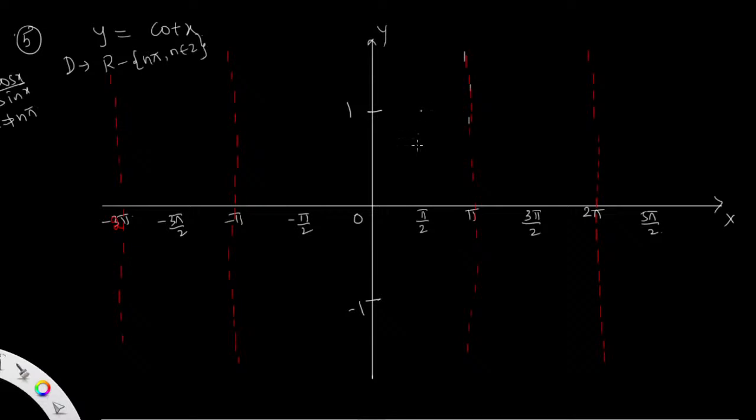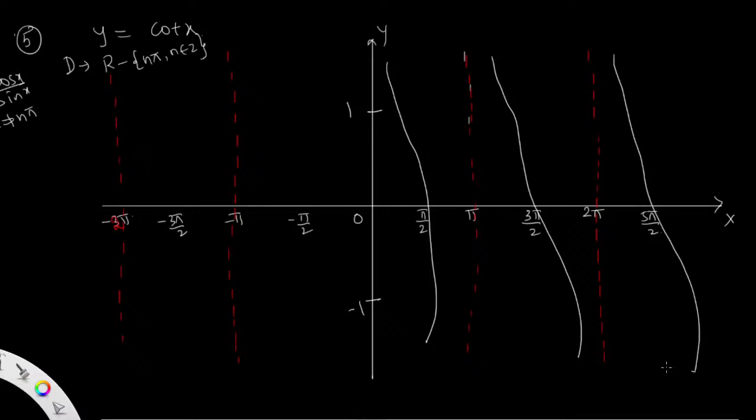So the graph goes through like this, and cot of minus pi by 2 is also 0, like this. So that is the value.